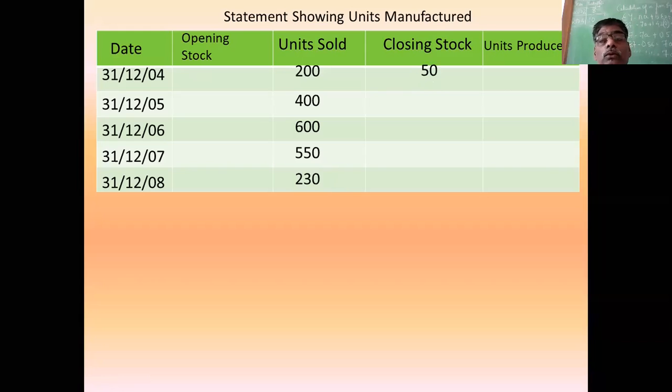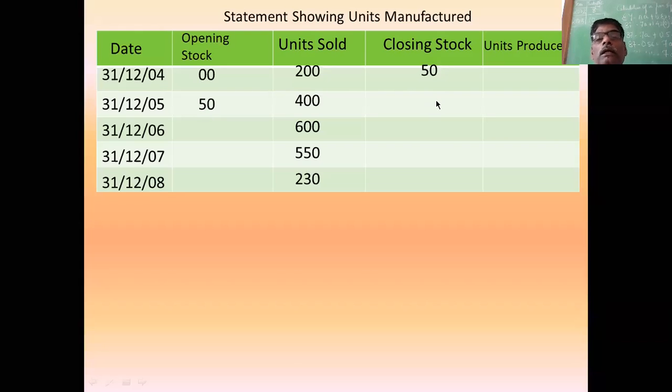Okay. This closing stock of the first year becomes opening for the second year. Opening stock of the first year is not given. There is no opening stock in the first year, and closing stock is 50. This closing stock 50 of the first year becomes opening stock for the second year.